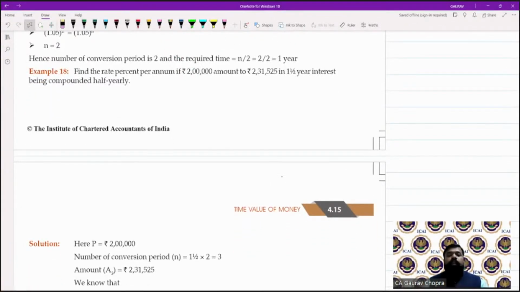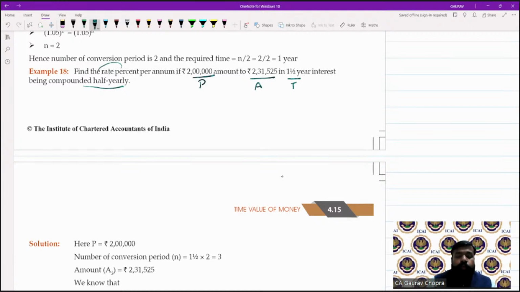Now 18th one, you have to try only. I will not explain this question, but this is very, very simple, similar to what we have done till now. Find the rate percent per annum if 2 lakh amounts to 2,31,... So 2 lakh is the principal, 231 is the amount, 1.5 year is the time, and compounding is done half yearly.